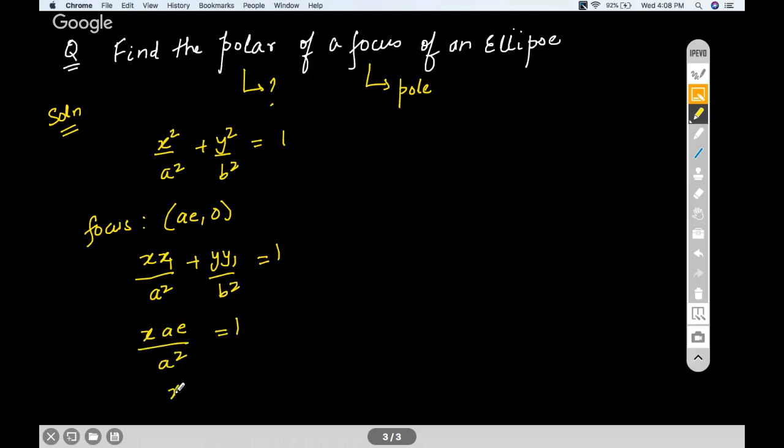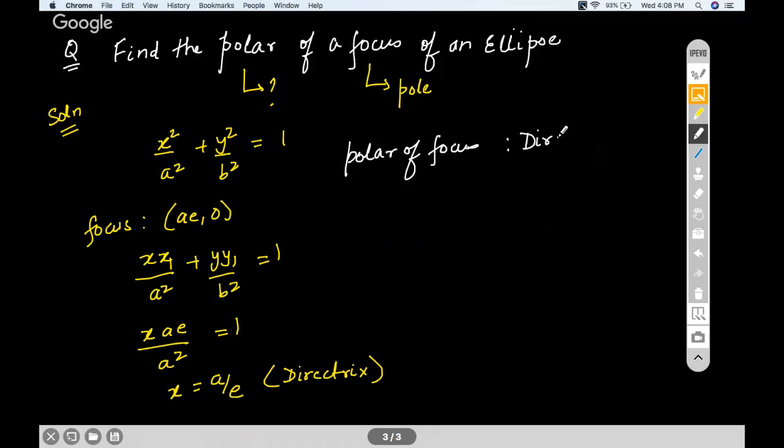So it becomes x equal to a by e. And this is nothing but the directrix of the ellipse. So just remember this as a theorem: the polar of the focus in case of an ellipse is nothing but the directrix of the ellipse.